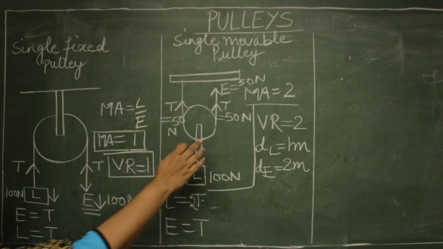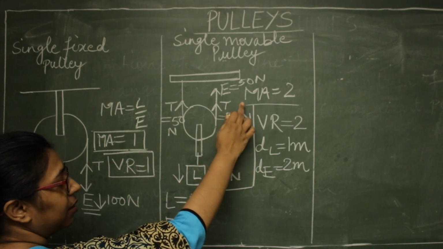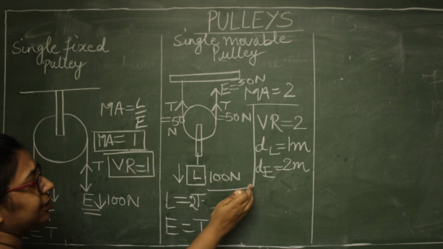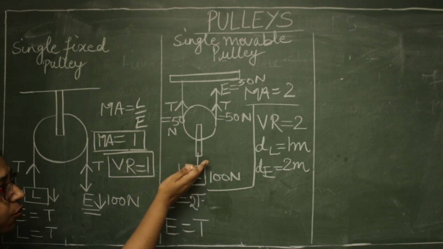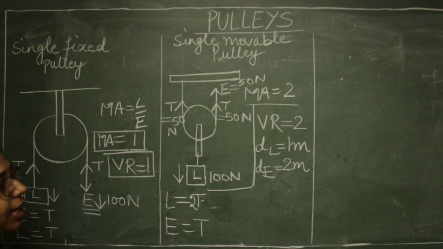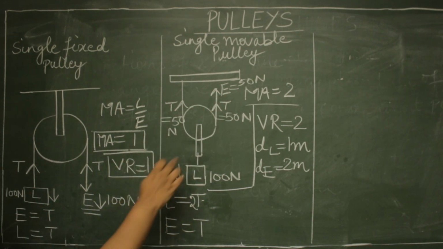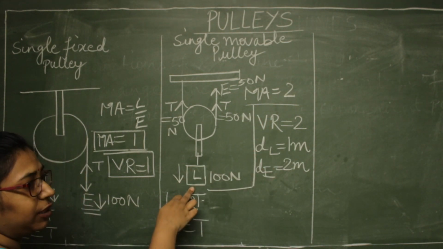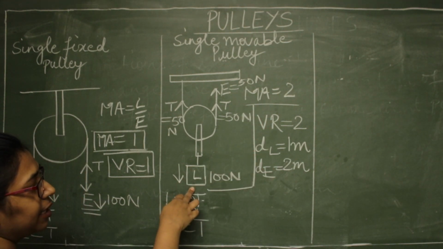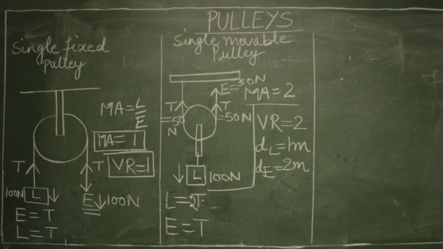The greater the value of MA, the lesser the distance the load will move with respect to the effort. That means now you will have to pull the rope twice the distance of that of the load. This is the basic meaning of the term velocity ratio.